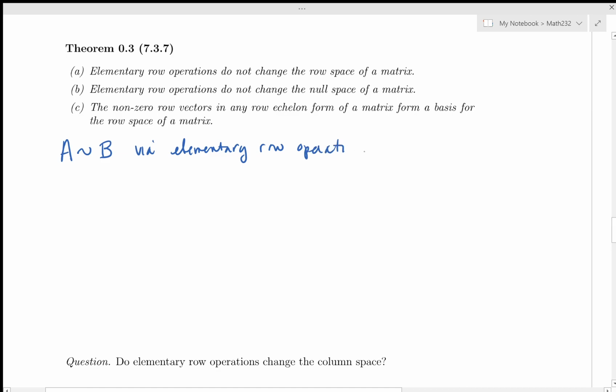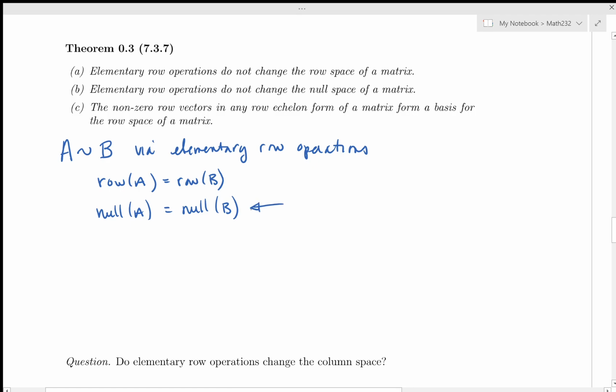Then what this theorem 7.3.7 is saying is that the row space of A is equal to the row space of B. That space is not changed by the elementary row operations. The null space of A is equal to the null space of B. That is also unchanged.